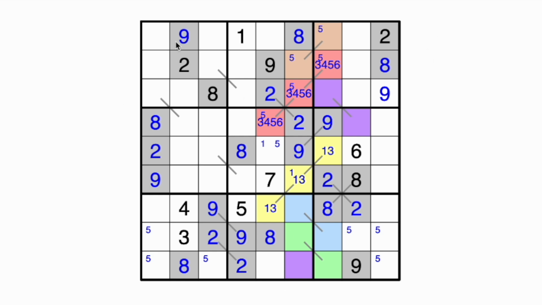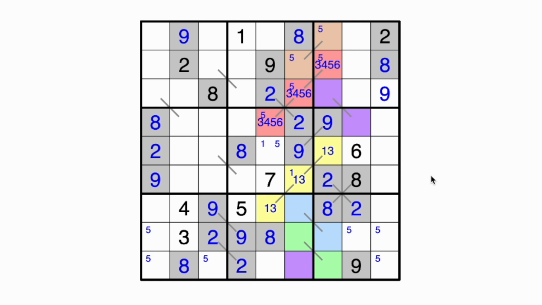That's worse. This column needs 1, 5, 6, 7. I would get rid of the 7 here. Nope. We have 2 givens of anything else. The 2s were really nice.